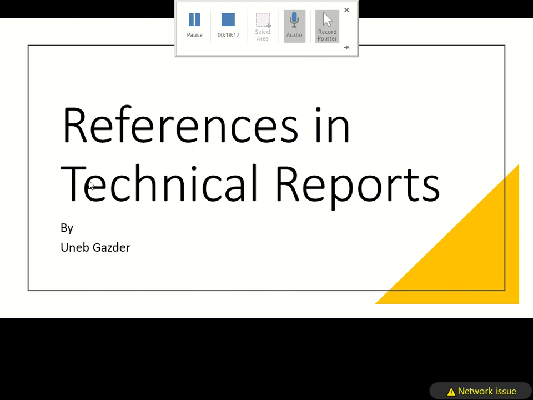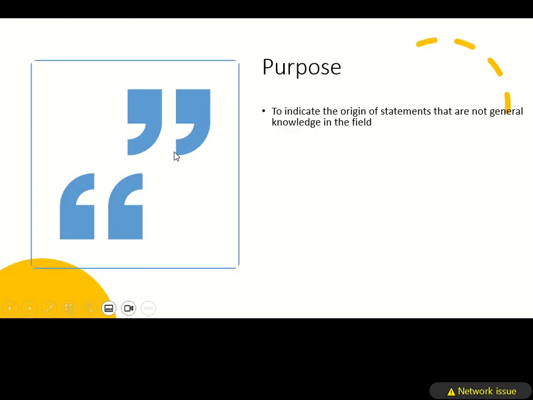So let us discuss references. The first thing is, the purpose of a reference is to give the origin of statements that are not general knowledge in the field. Statements which are not common knowledge, which some readers of your report will not know about, and which you did not come up with.